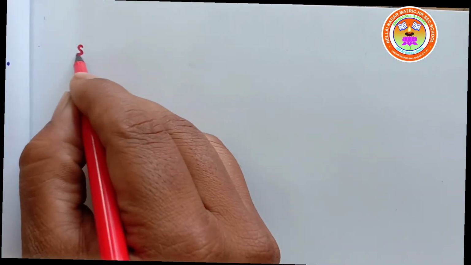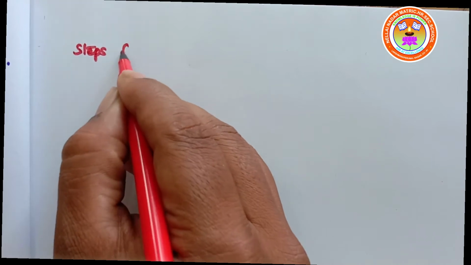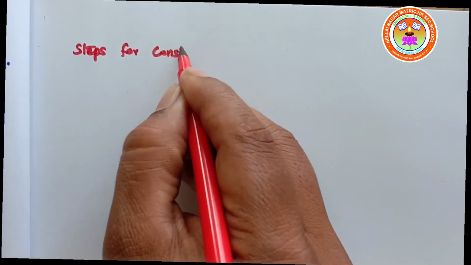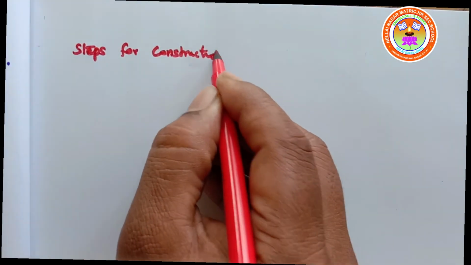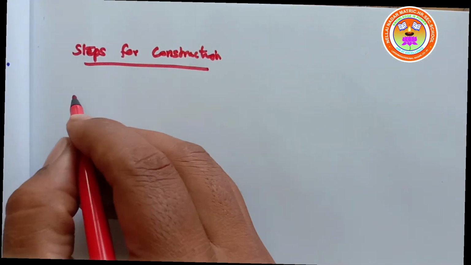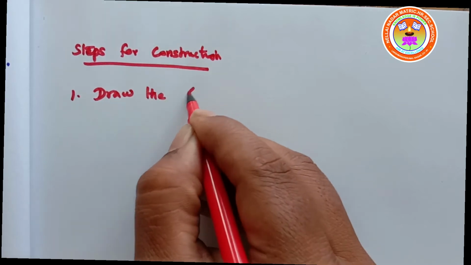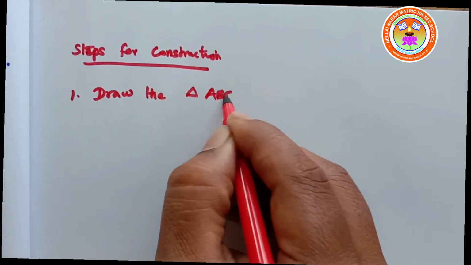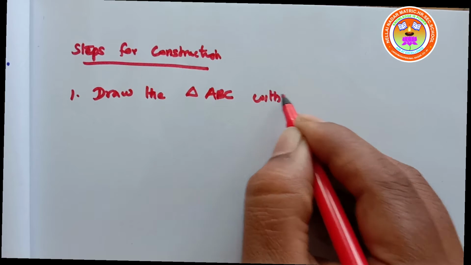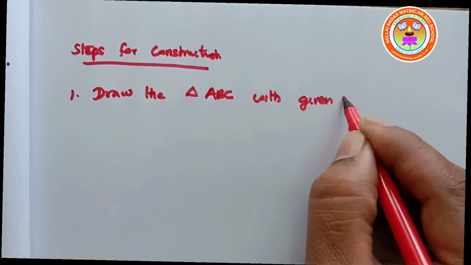Steps for construction. First one, draw the triangle ABC with given measurement.